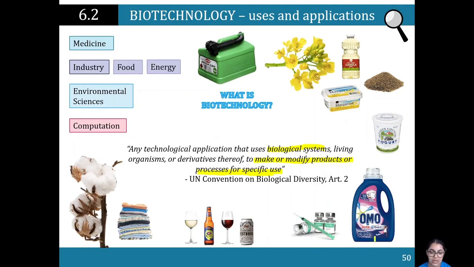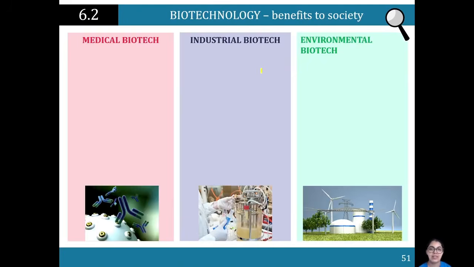So washing machine liquid, yogurt, because it's been fermented, butter or margarine, canola oil, all of these different elements around us are produced through modification and the application of scientific procedures. So basically, biotech is technology based on biology.